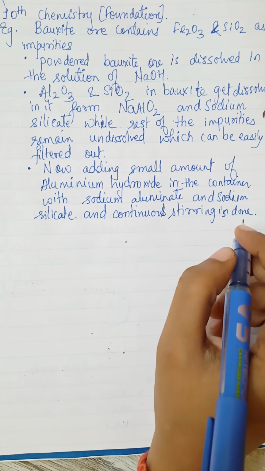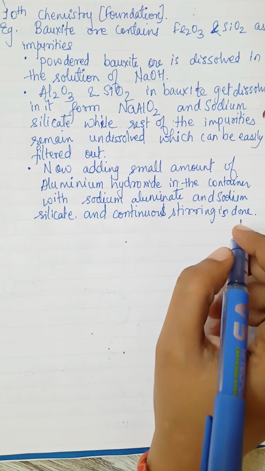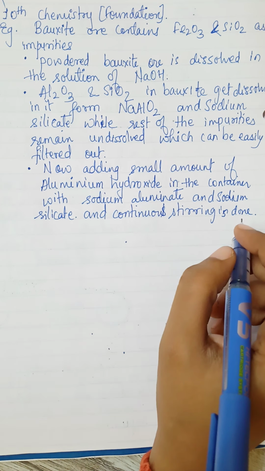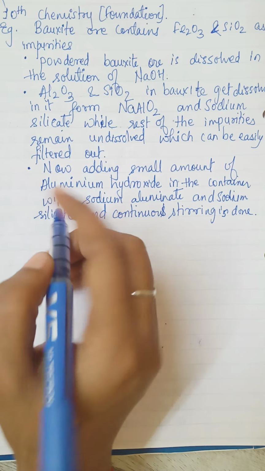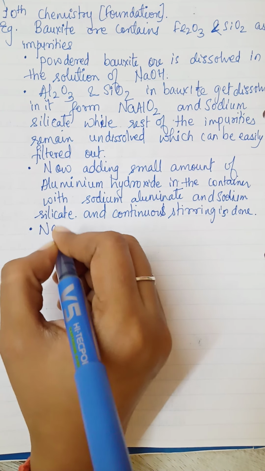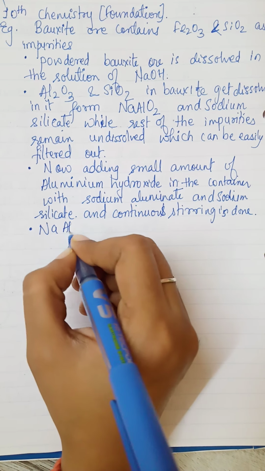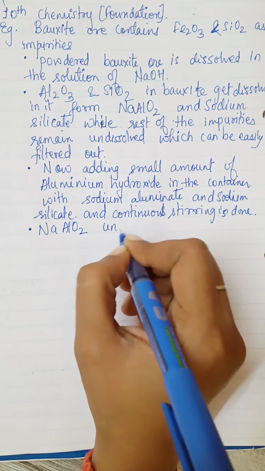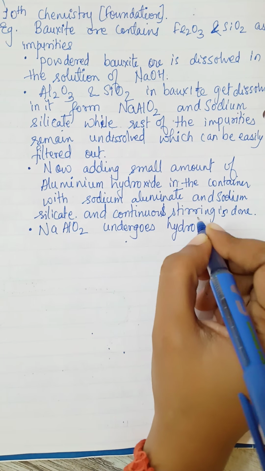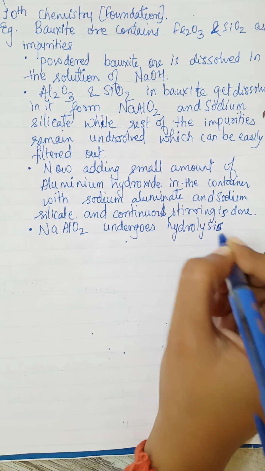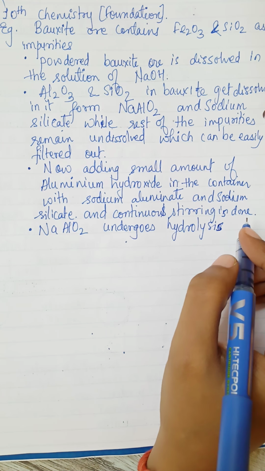Now when we stir it, obviously there will be formation of aluminium hydroxide. Now what will happen after several hours? For several hours we are keeping it stirred, right? So sodium aluminate undergoes hydrolysis, and when the hydrolysis occurs, obviously there will be formation of aluminium hydroxide.